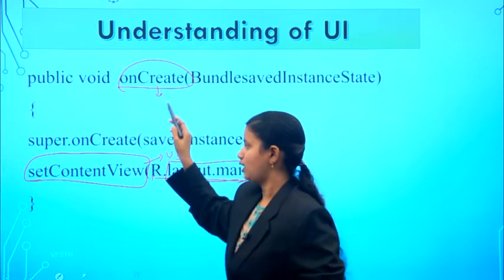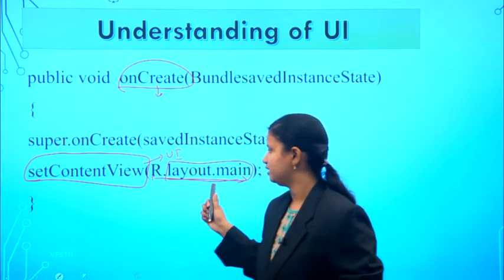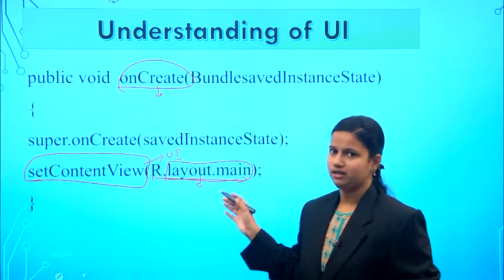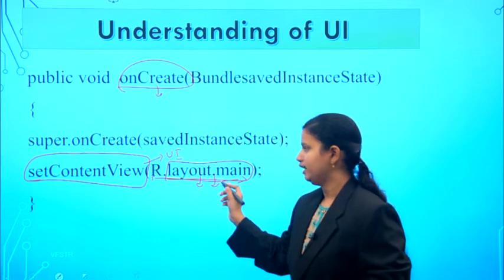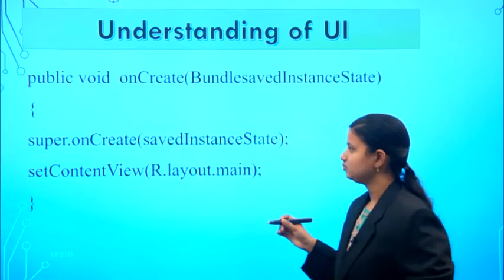Within the onCreate method, we have to call the setContentView method. In that we have to specify which file will be added to your user interface design. I want to load main.xml, so you have to specify it like this.